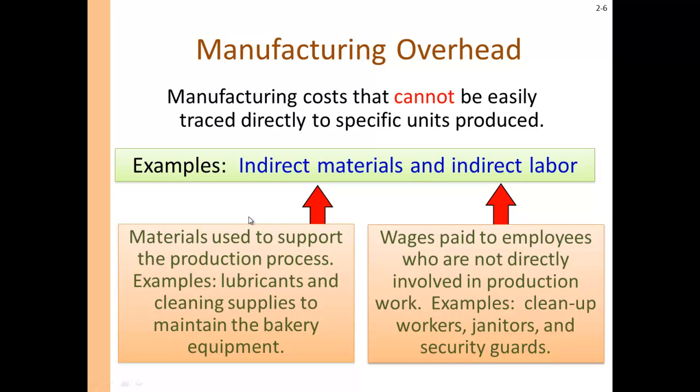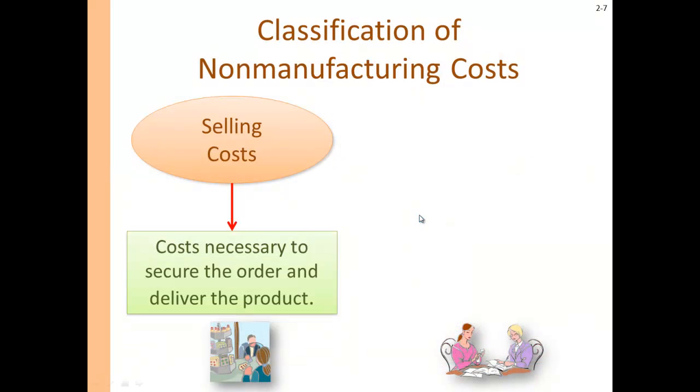Although you know it goes directly to baking, you can't trace what amount of lubricant or cleaning supply was in that one piece of bread. Then we have indirect labor. These are wages paid to employees who are not directly involved in the production. Examples are the cleanup workers, the janitors, security guards. They would be part of indirect labor, and that's part of manufacturing overhead.